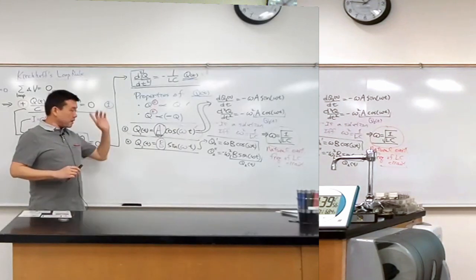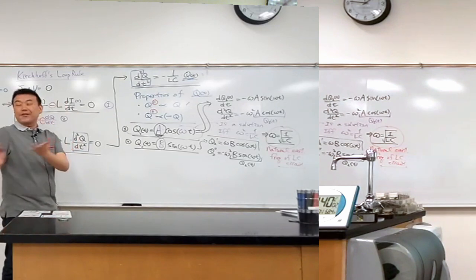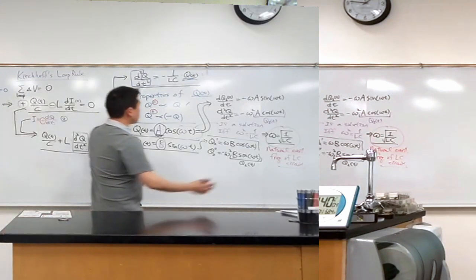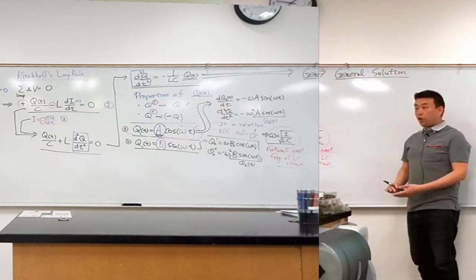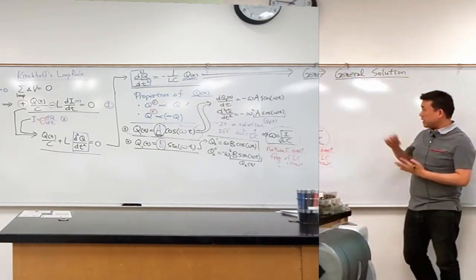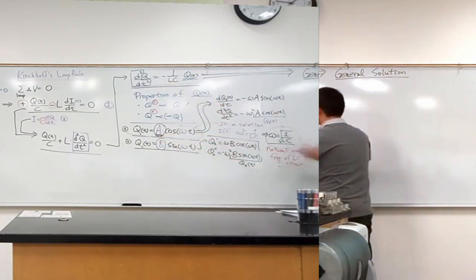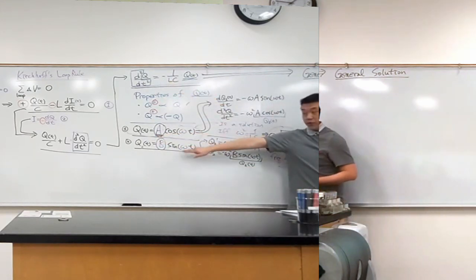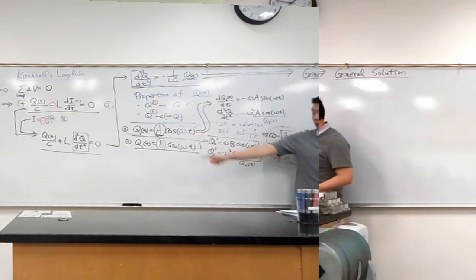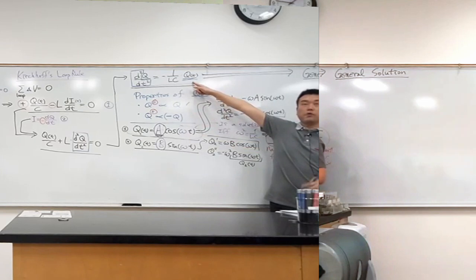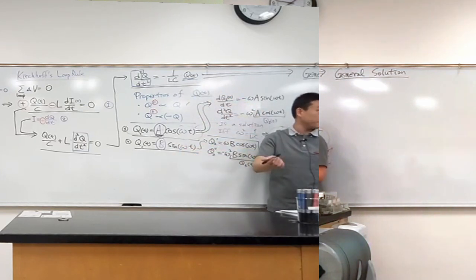So let me use the language that you will see in your math 3F class. The solutions to these are the general solutions. The most general form of an expression Q of t that would satisfy this equation is this. It's essentially a sum of both of these. This is covered under something called linearity. If one is a solution to a linear ordinary differential equation and the other one is also, then their sum is also a solution.